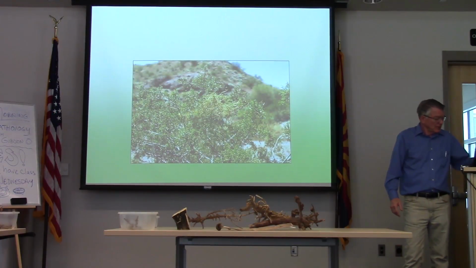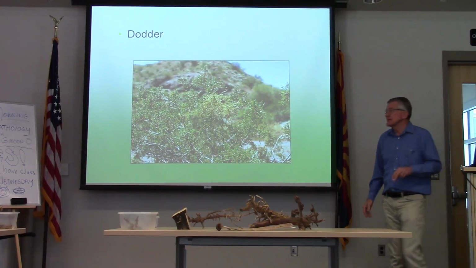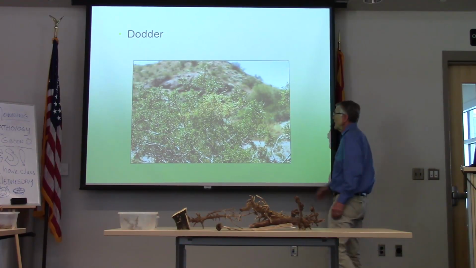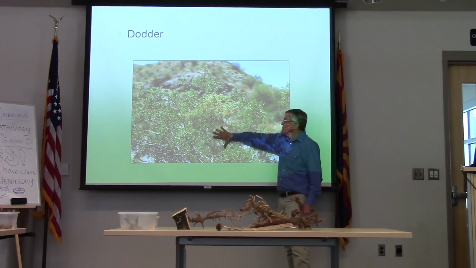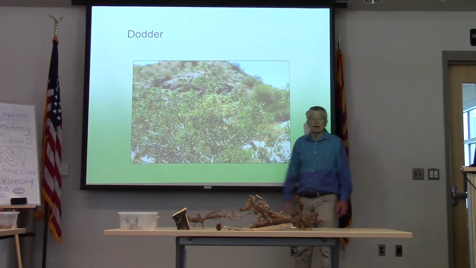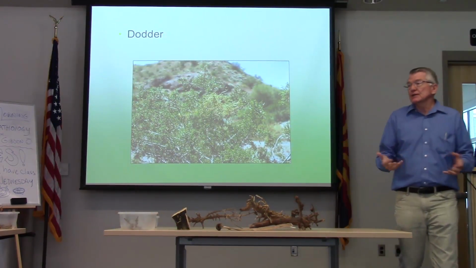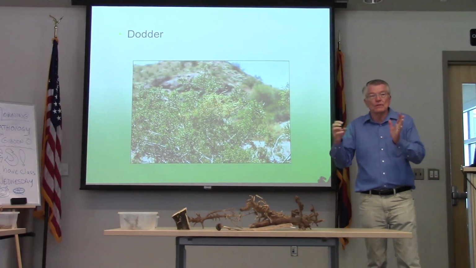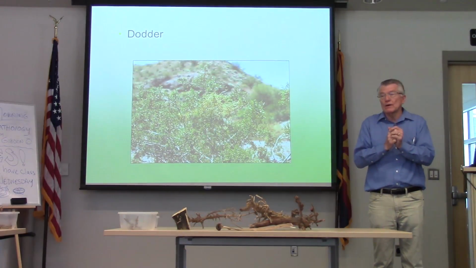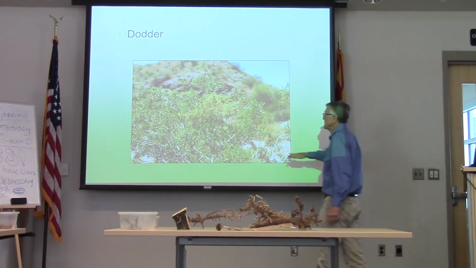This is a particular problem that we see frequently, which is dodder, D-O-D-D-E-R. Here it is growing on top and in association with a creosote bush. Dodder is a parasitic plant that gets all of its water and all of its nutrients off of the host plant.